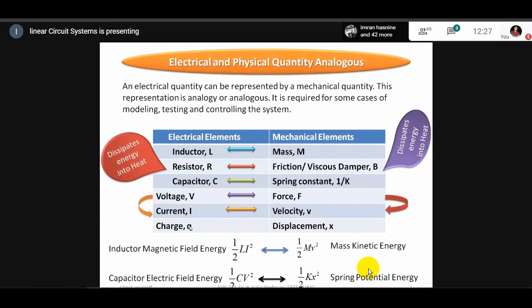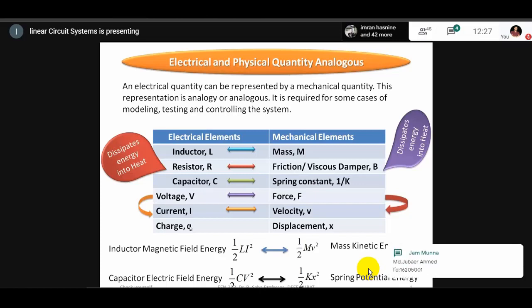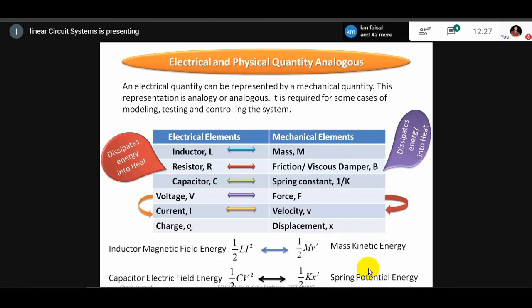Understand? So the capacitor stores the charge, that means energy. In the spring constant, it can also store energy. How can you realize? When you want to expand the spring, it protests, right?